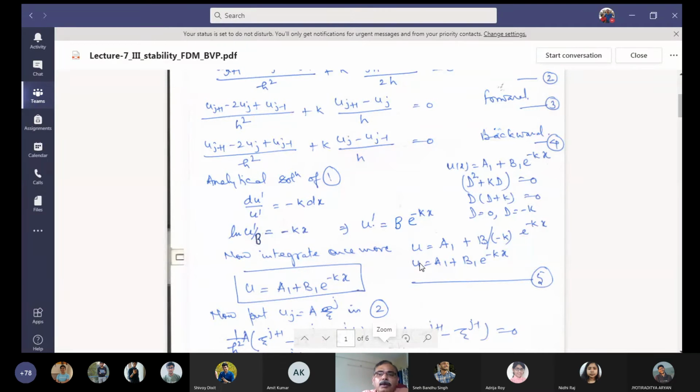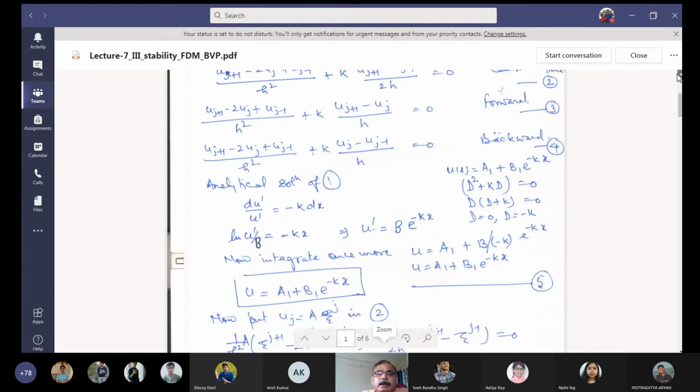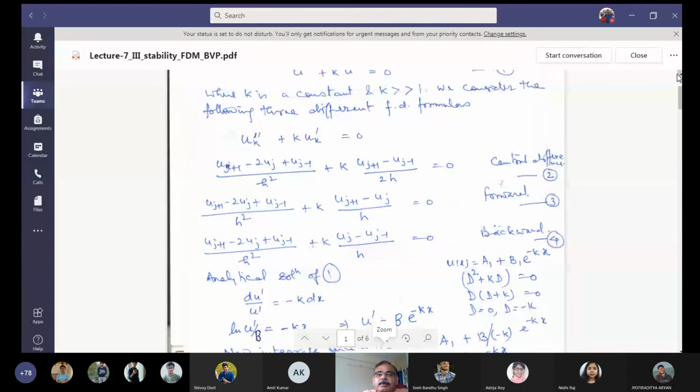Okay. Now, there are three difference schemes you have applied. One for the u prime, central. Second, forward. Third one is your backward one. So I have written all the three. So for u double prime, it is uj plus 1 minus 2 uj plus uj minus 1 divided by h square.